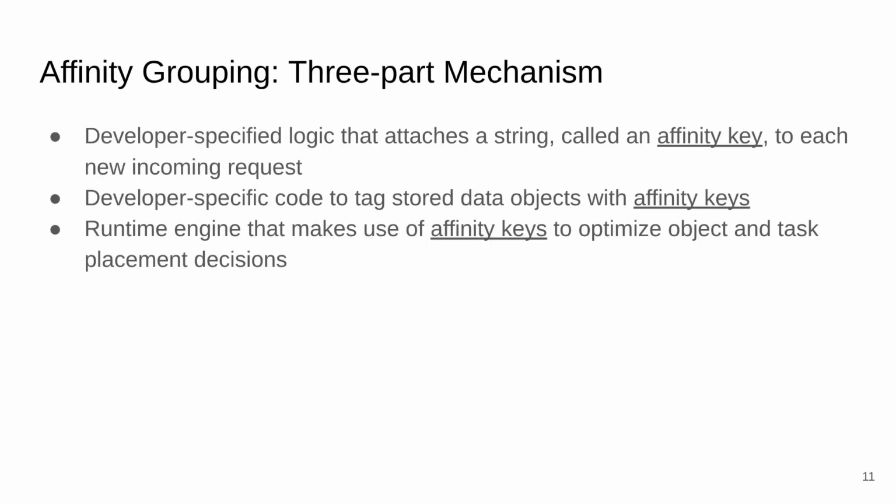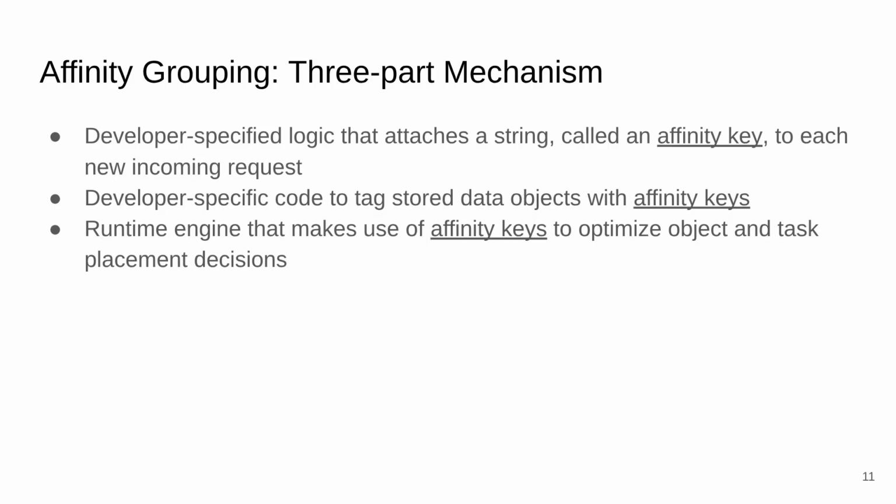We call our mechanism affinity grouping, and it has mainly 3 parts. One is a tool that allows the developer to specify some logic that will attach a string, which we call an affinity key, to any request to run a task for computation.